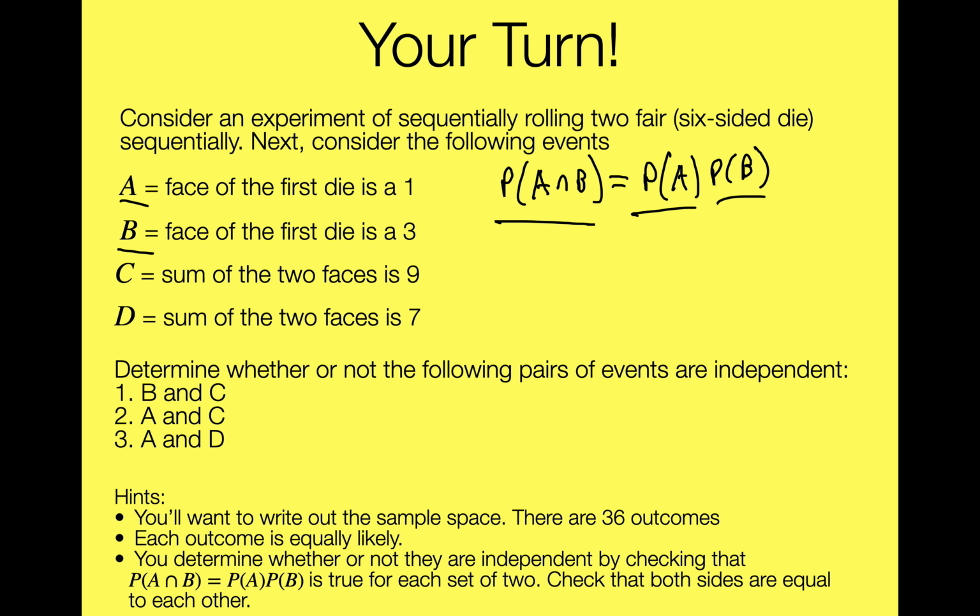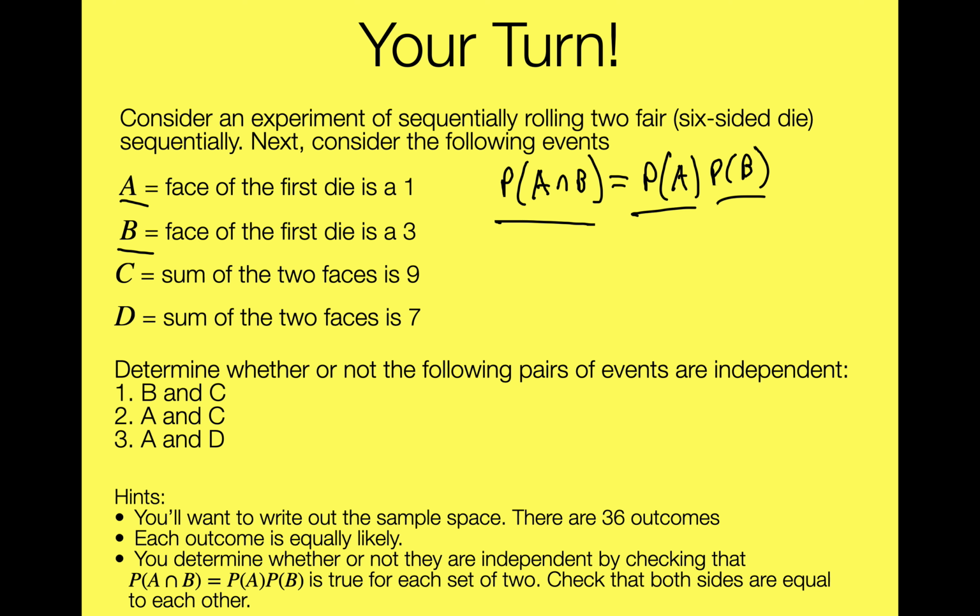Okay, and then I give you some direction in that third hint. Okay, so think about something like for the probability of the intersection, B and C, the face of the first die is a 3 and the sum of the two faces is a 9. How many ways can that happen? Okay, find out how many ways that can happen and divide it by 36. That's the probability of the intersection.